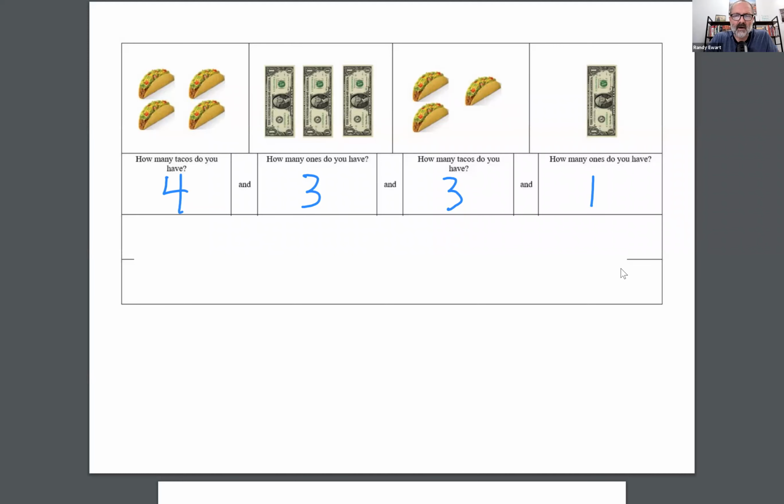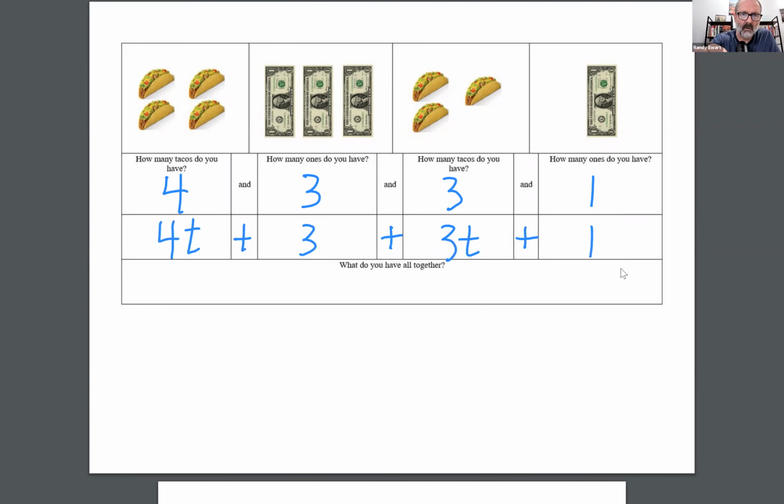This time I have tacos and dollar bills. So I have 4 tacos, 3 $1 bills, 3 tacos, 1 $1 bill. And so now I'm going to use T for taco still. And then the dollar bills are just money, so that's just numbers. So I'm going to leave them as numbers. 4T plus 3 plus 3T plus 1. And now I am going to combine the terms that are alike.